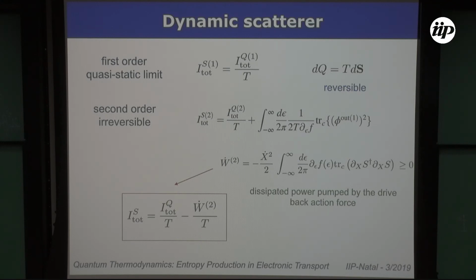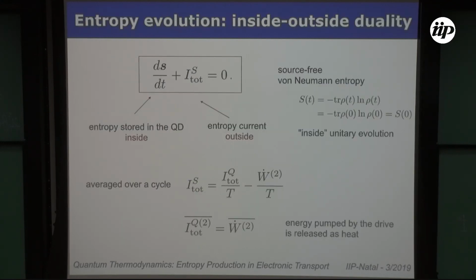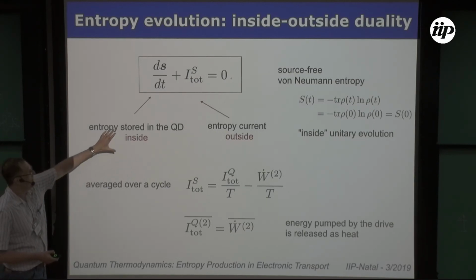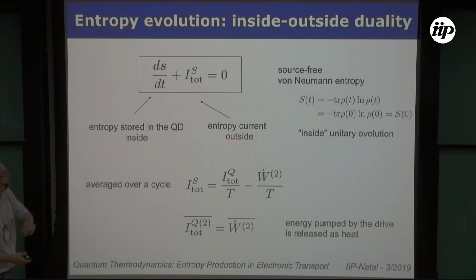Now, to close all that, we need to understand what you can actually measure. In the internal region, which was characterized by the circle that I told you before, you have a coherent, unitary propagation, and the relaxation processes only take place outside this region. So what happens inside has to compensate for what you measure outside, and this is what we call inside-outside duality.